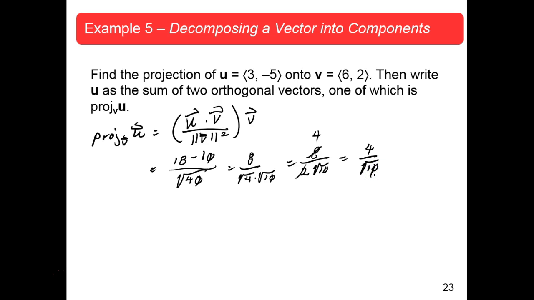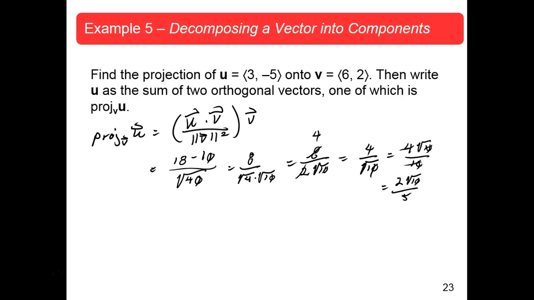Now, I have no objection to having radicals in the denominator. In the old days, it was important not to, but now it doesn't matter. But in case somebody is still in the old days, you could write that as 4 root 10 over 10, which then you could reduce to be 2 root 10 over 5. So you could write it either of those two ways.